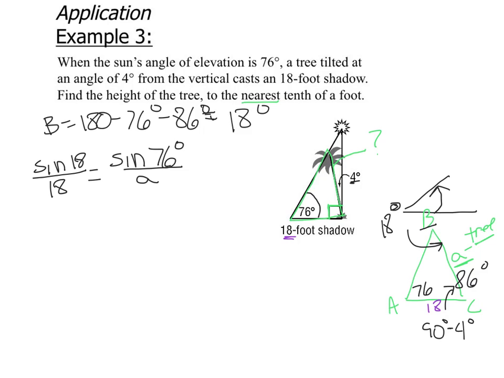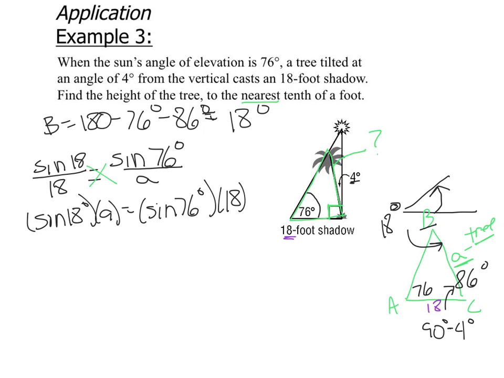Alright, so now I just need to solve using my cross multiplication, and I'm going to have the sine of 18 degrees times A is equal to the sine of 76 degrees times 18.